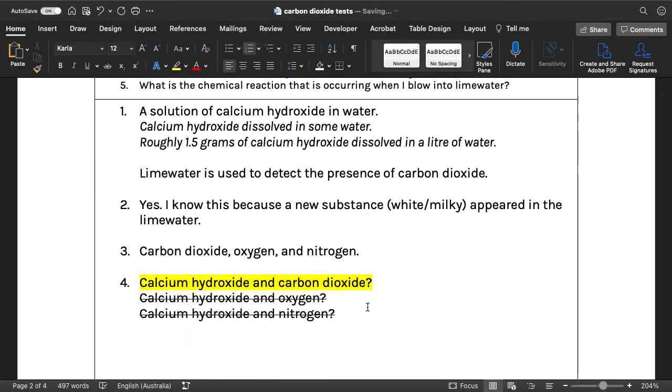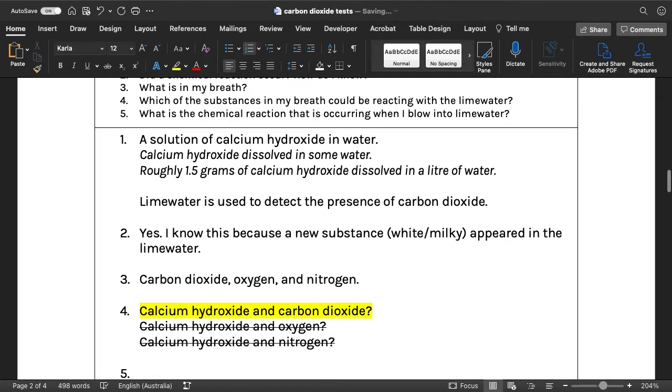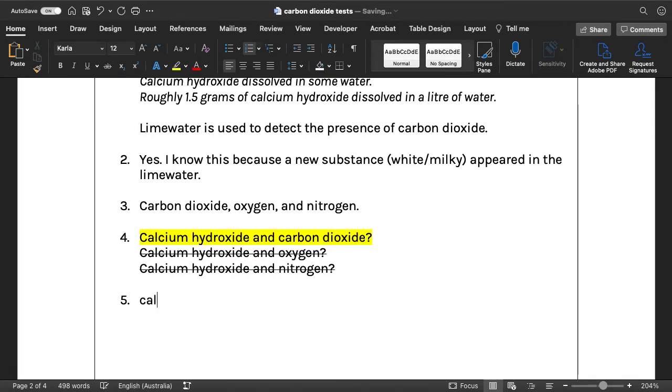And then the last one, what is the chemical reaction that's occurring there? So I know it's calcium hydroxide and carbon dioxide, right? And because I want to write a word equation, I'm going to use a plus sign instead. If I want an arrow, if you didn't know this, that's two dashes and then the greater sign.